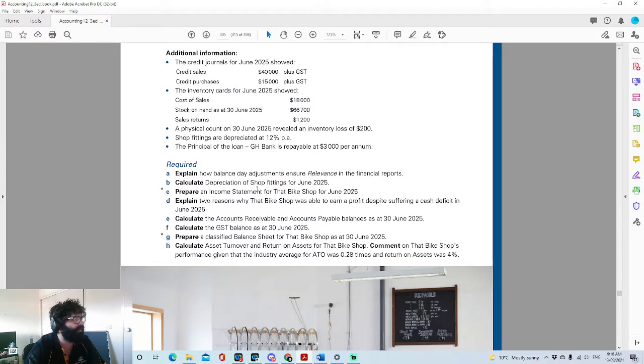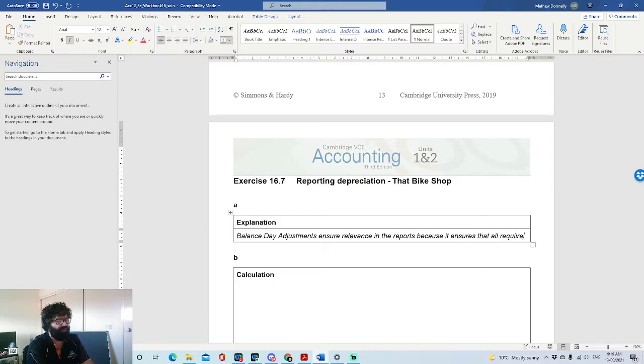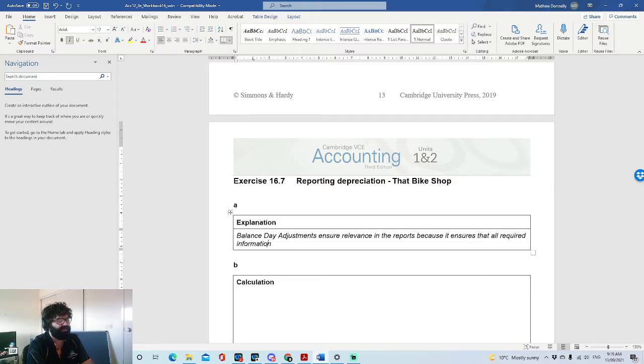Let's explain how balance day adjustments ensure relevance in the financial reports. Balance day adjustments ensure relevance in the reports because it ensures that all required information is included.